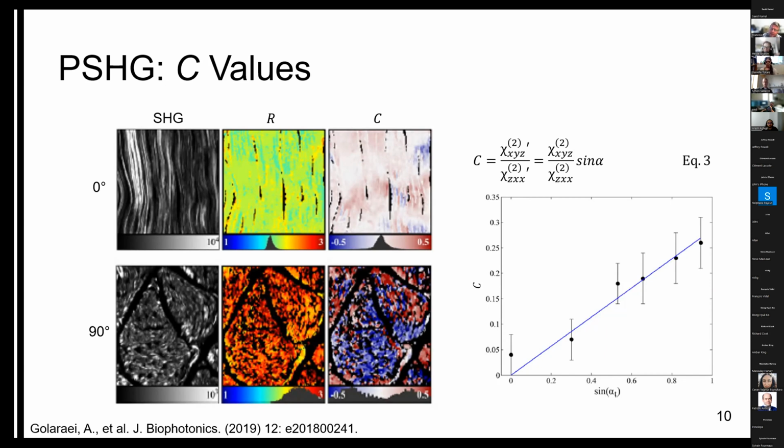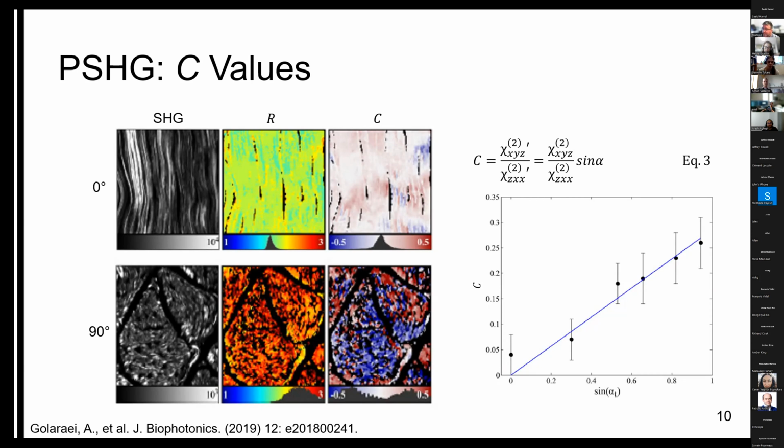Even though you put all the equations, I still don't see how, since we measure the modulus of chi2, why do we see a sign difference in the C?